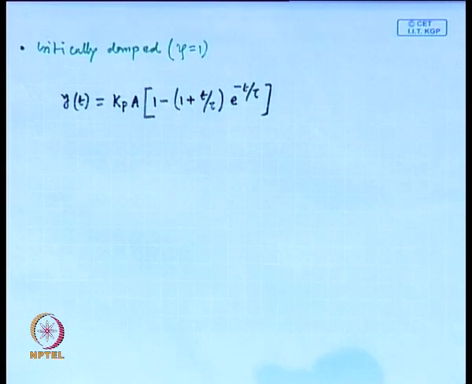This is the expression of output y in time domain for the case of critically damped systems. Fine.